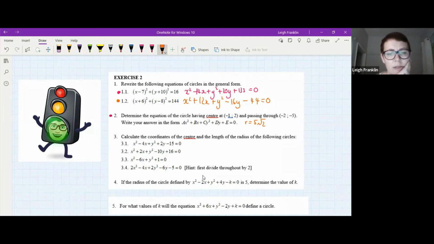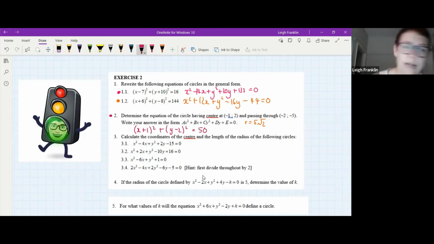And then I used the coordinates given to us along with the radius to find the center radius form, and I got open bracket x plus 1 close bracket squared plus open bracket y minus 2 close bracket squared equals 50.